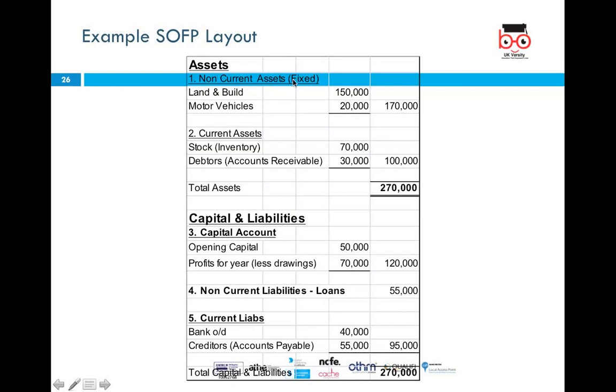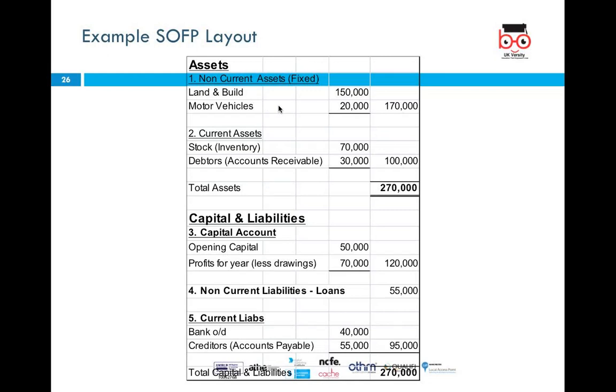We have non-current assets, which are fixed assets, and current assets, which are very liquid. Assets are resources that may be used to generate revenue in the future. The balance sheet divides assets into two categories, non-current assets and current assets. Non-current assets are acquired for retention, for the purpose of providing a service, and are not held for resale in the normal course of trading.